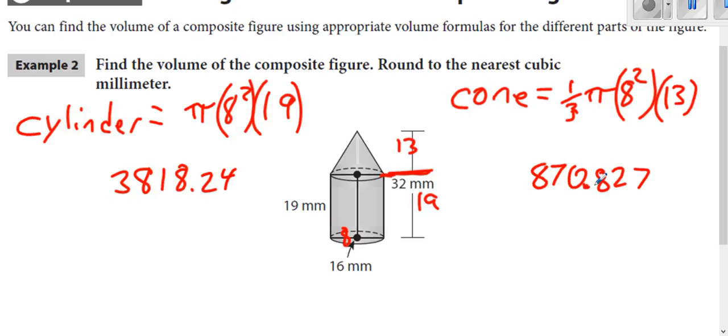And we are adding those together. The total volume, 4,689 point, what does it sit around to the nearest cubic millimeter. So we don't need any decimal.